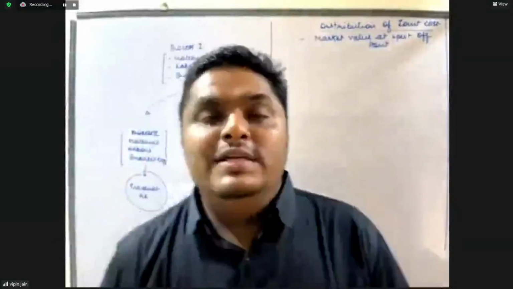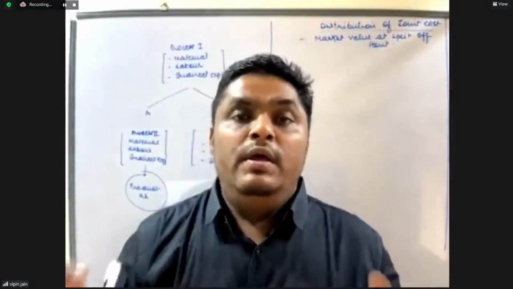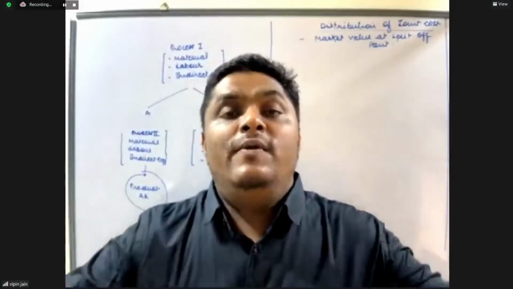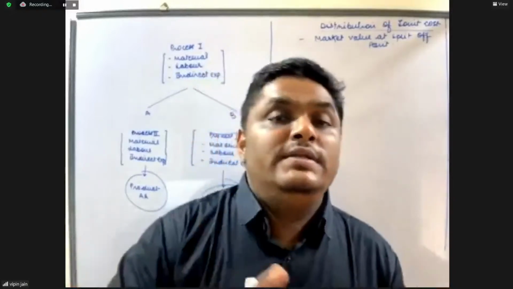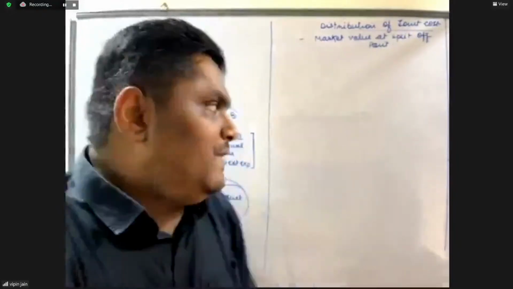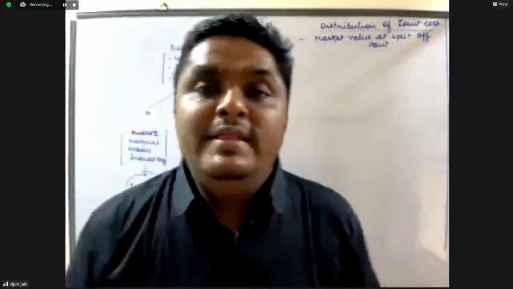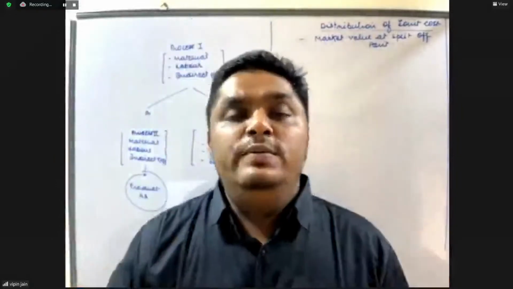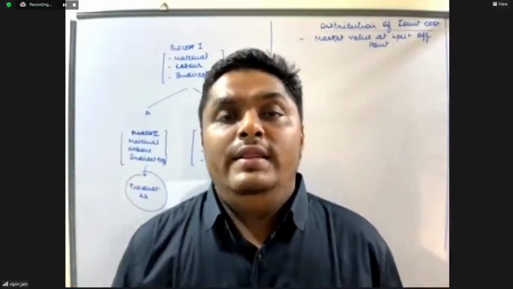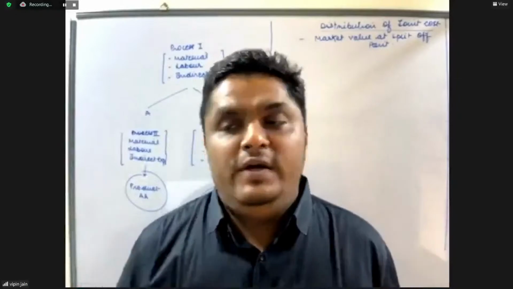Now, assuming these two products are marketable, even though we are not selling these two products, let's say some of the companies are selling these products A and B. So if the market value of product A and B is available, then the best approach of distribution of joint cost is to distribute the joint cost in the ratio of market value at split-off point.